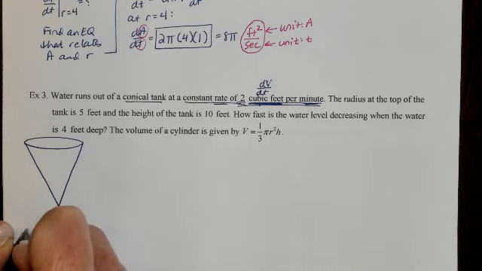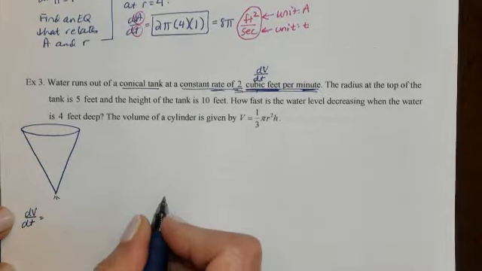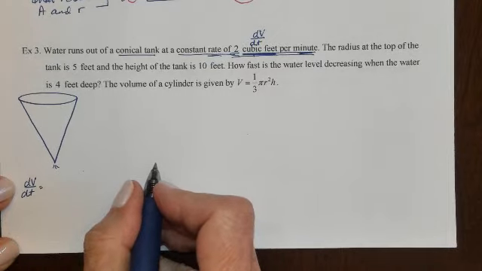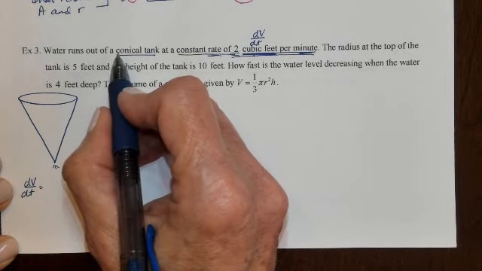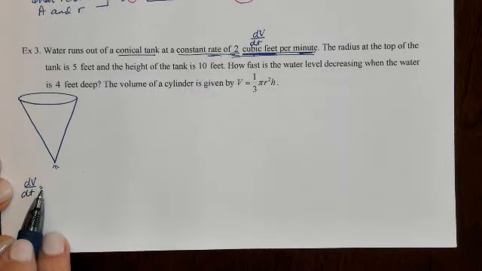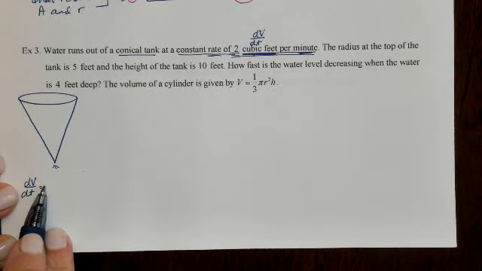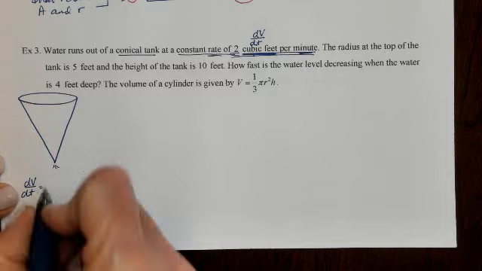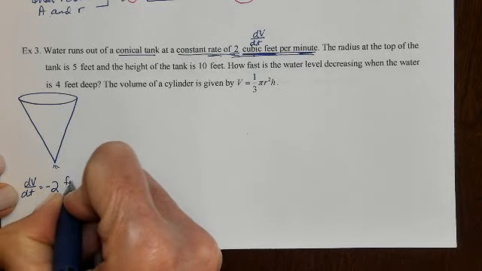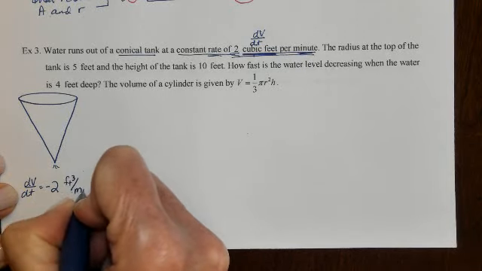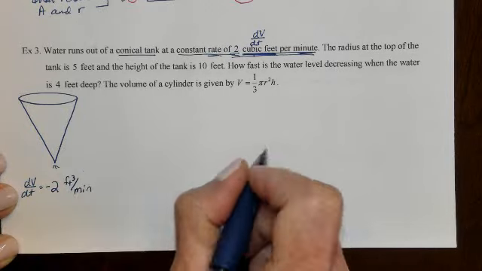I'm given that dV/dt is equal to, now I need to be careful here. Water is running out. So is the change in volume going to be positive or negative? Well, it's going to be negative. It's going to be negative 2 cubic feet per minute. Be careful with that.